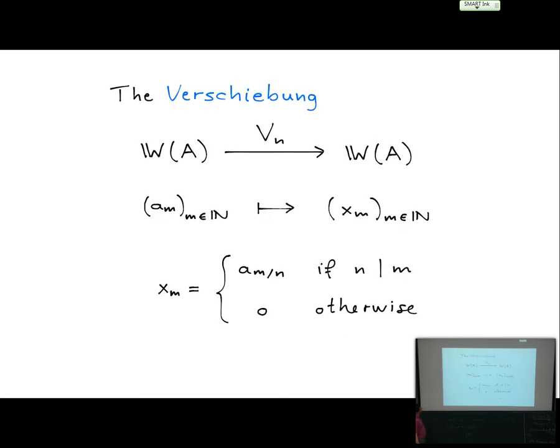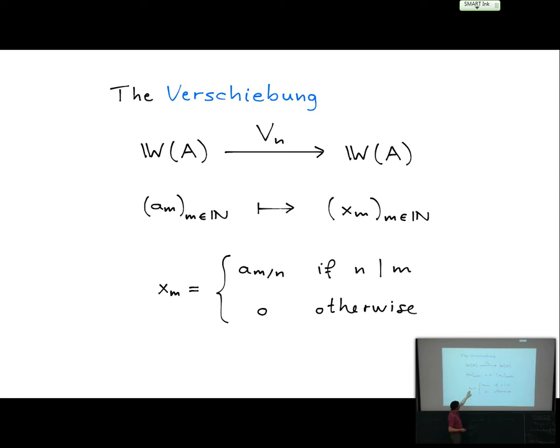Yeah. But now you will remember the Verschiebung map on the TR groups. There's a similar transfer map on the Witt vectors. It takes a Witt vector and just throws in a lot of zeros.